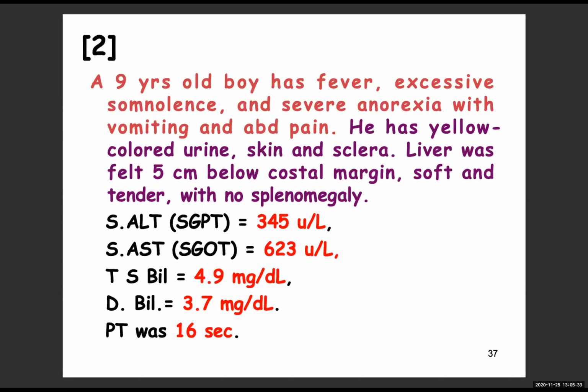Bilirubin 4.9 milligram per deciliter. Conjugated 3.7 milligram per deciliter, and PT was 16 seconds. So what is your interpretation now?